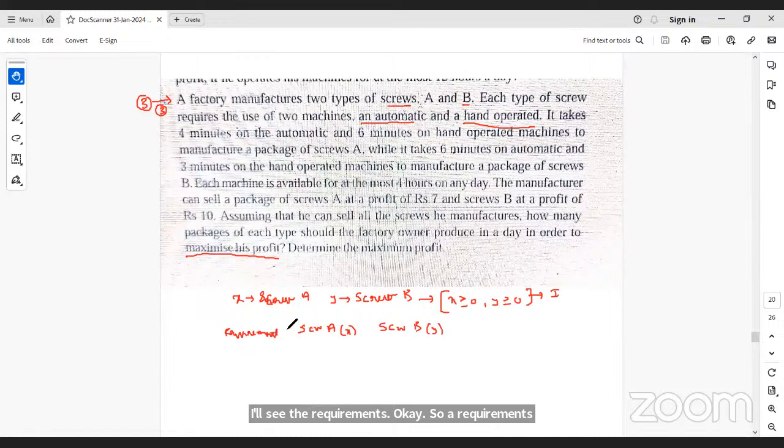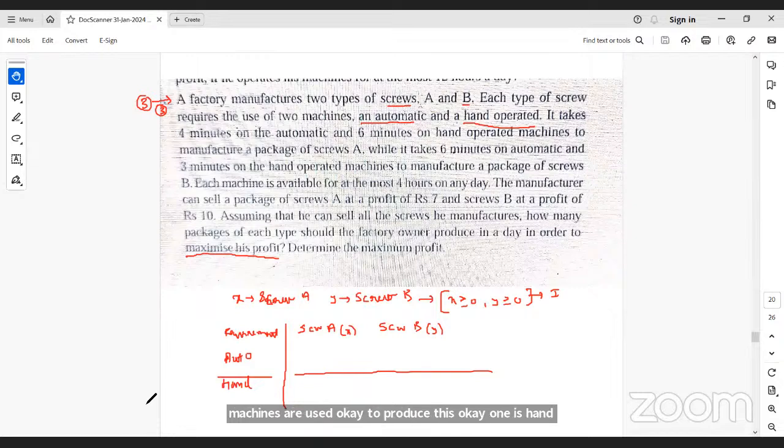To produce screw A, what do we require? We require an automatic machine and then a hand operated machine. So two types of machines are used to produce this, one is hand operated and another is automatic.